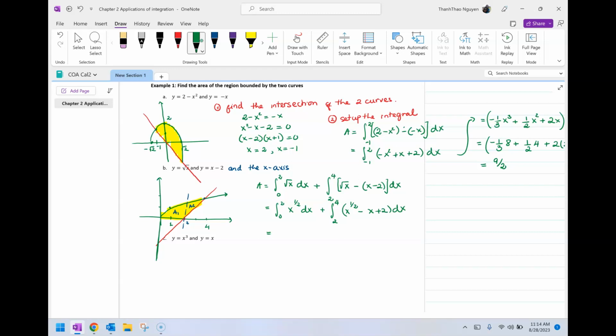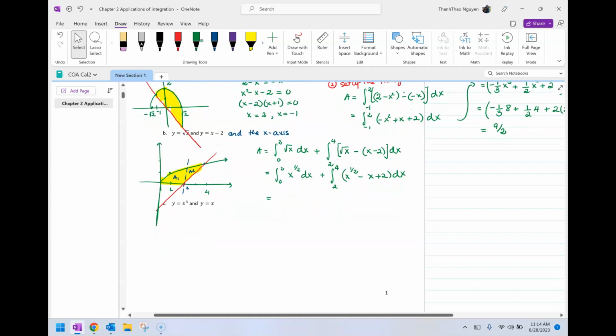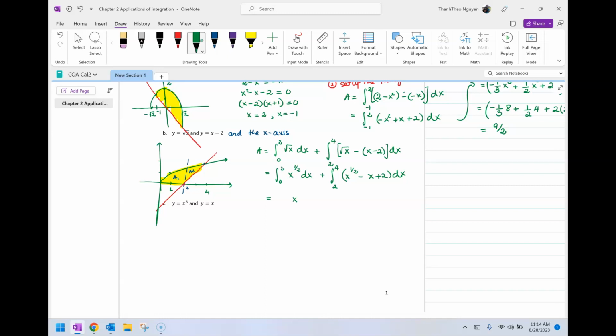The integral of x to the 1/2 is x to the 3/2, since we add 1 to 1/2 to make 3/2, multiplied by the reciprocal 2/3. Evaluate from 0 to 2, plus 2/3 x to the 3/2 minus 1/2 x squared plus 2x, evaluated from 2 to 4, and we get 10/3.